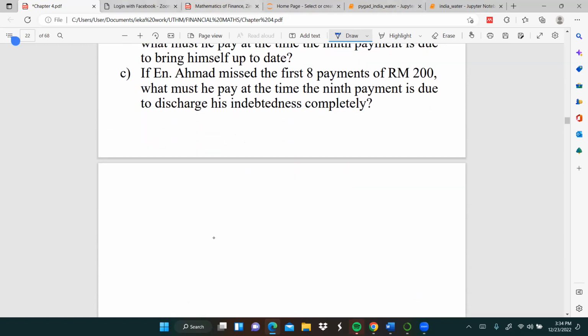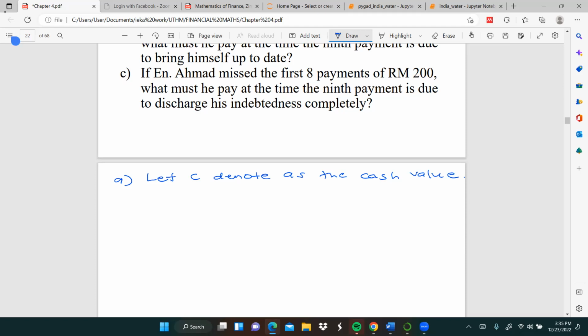Okay, so let's answer the first question. Let's see, denote C as the cash value.